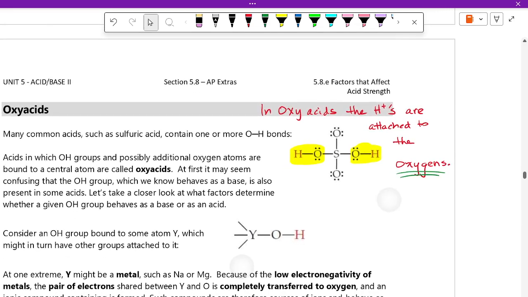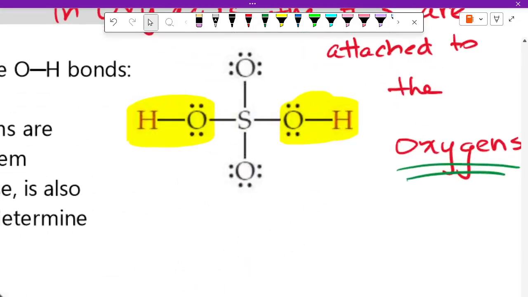At first, it may seem confusing that the OH group that we know behaves as a base is also present in some acids. Let's take a closer look at what factors determine whether an OH group behaves as an acid or a base. Well, first of all, when it behaves as a base, what is hydroxide attached to? What kind of element?